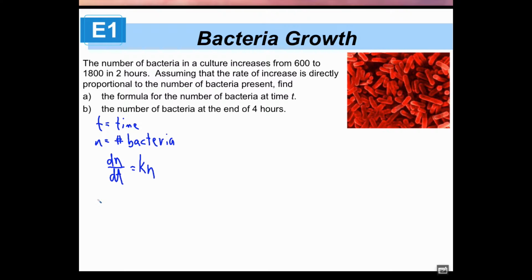Now what? Well, now I got to do some calculus. So I would like to separate the differentials a little bit here. So I would get dN is equal to kN dt. What's wrong with that?